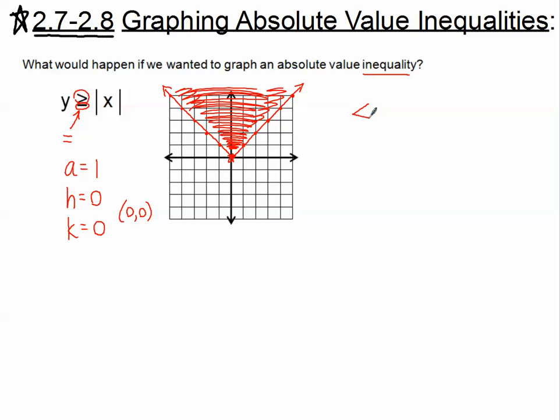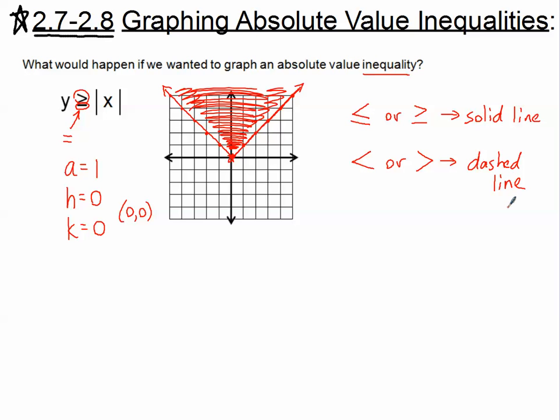If it is a less than or equal to, or a greater than or equal to, then we're going to have a solid line, meaning that we're going to graph it like we normally would. If we do have a less than, just strictly less than, no equal to part, or strictly greater than, then we're going to have a dashed line.